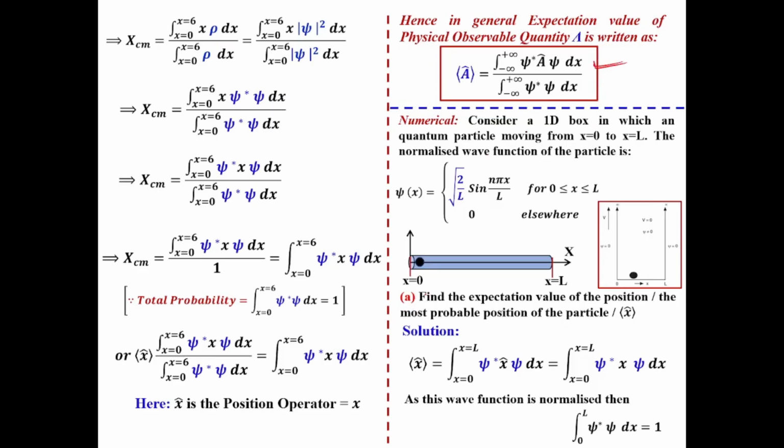In our last class, we discussed three numericals. We found the expectation value of the position for a one-dimensional box, or one-dimensional dynamics of the particle along the x-axis. If the dynamics is from x equal 0 to L, what will be its expectation value?